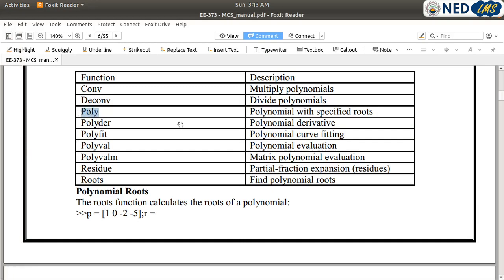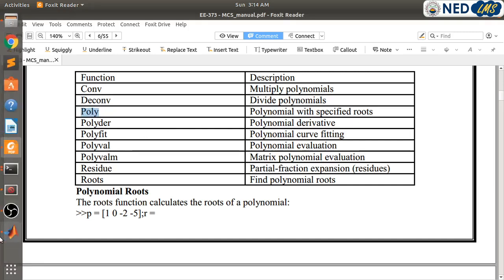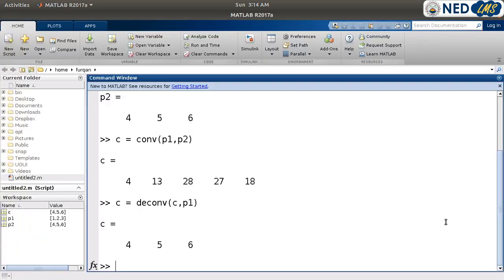Now let's execute the next function in the row, which is poly. This function takes the roots as inputs and outputs a polynomial based on the given roots. So a is equal to poly.